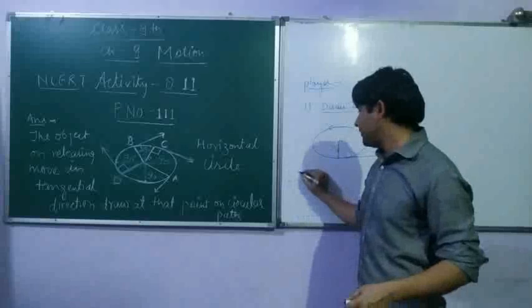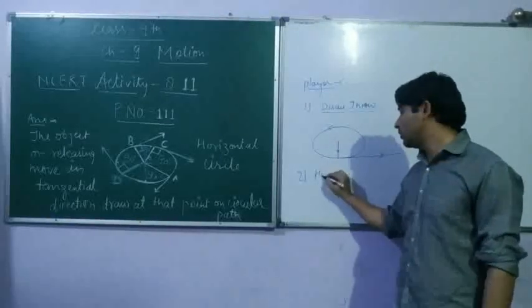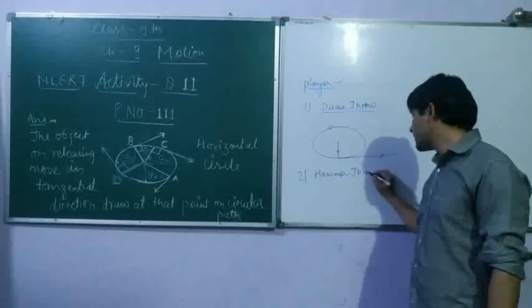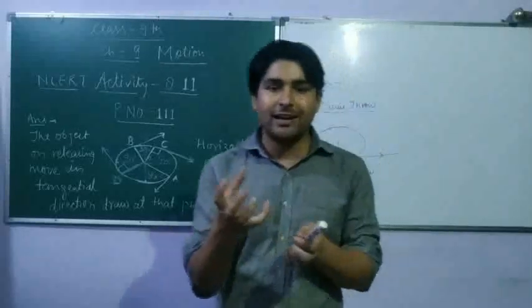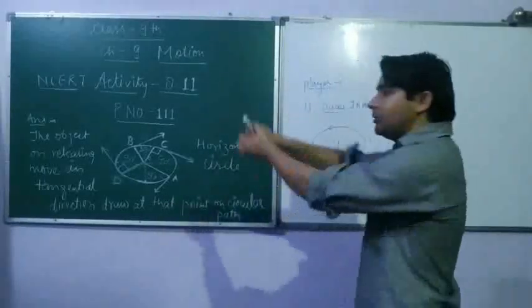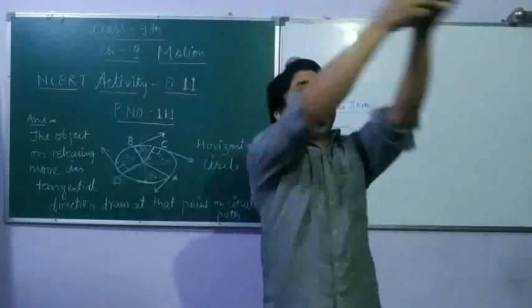Another event where a similar activity is used is called hammer throw. Hammer is basically a globe attached with a wire. And that is rotated like this first, and then released at this point.